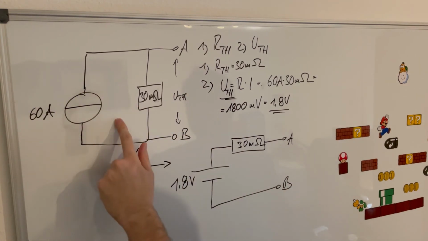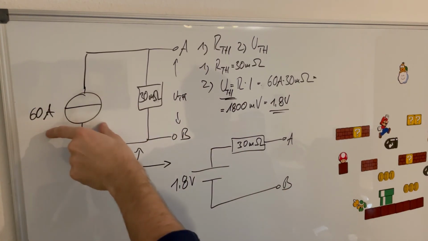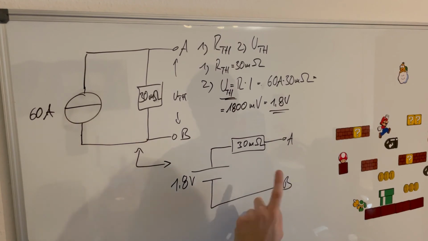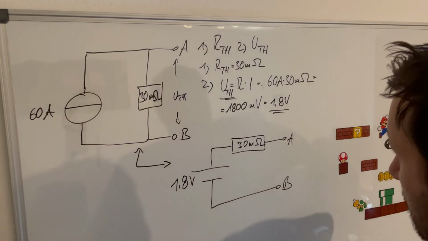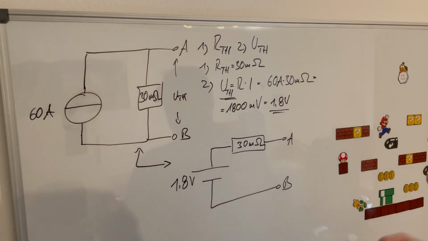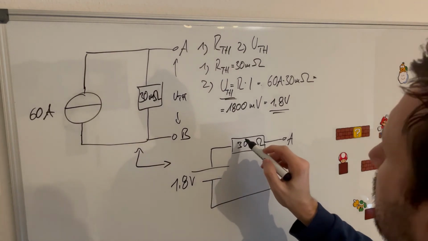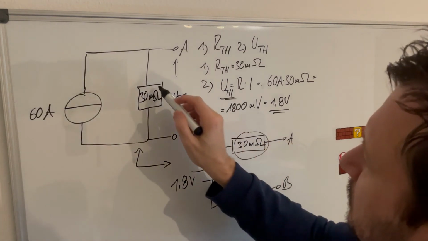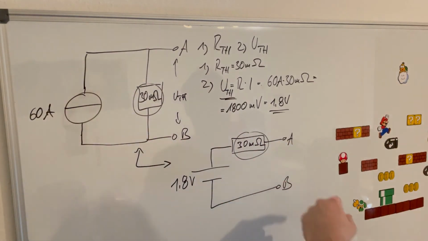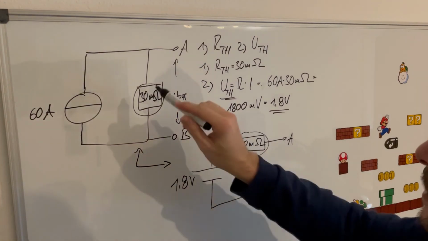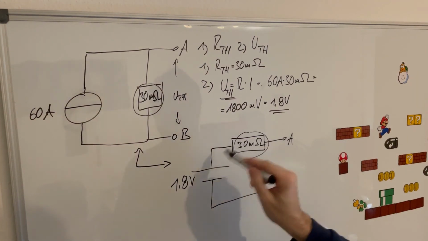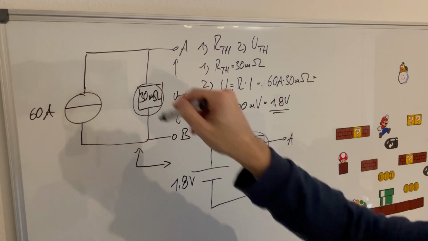So we have replaced the current source with a voltage source, and this completes the series about converting current sources to a voltage source. And as you see, the resistors are the same, just their position is different regarding the output terminals, and whether they are in series or in parallel.